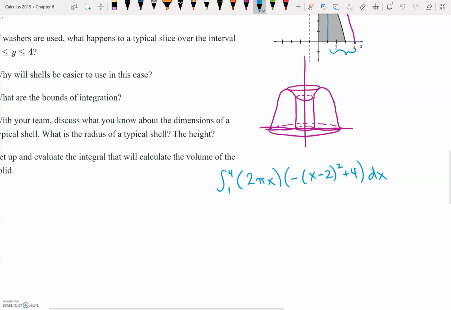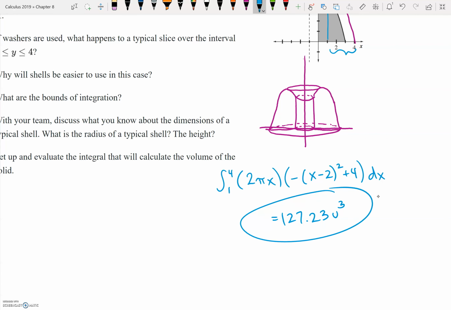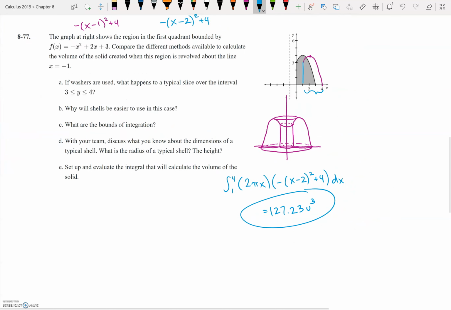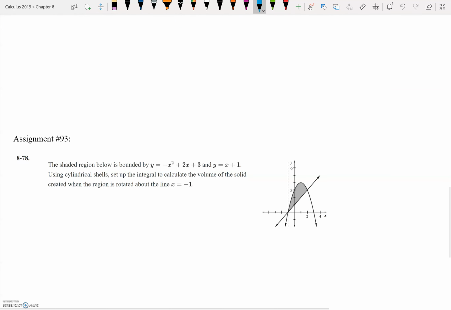And, well, I did this equation ahead of time, so I evaluated this integral, and the end result will be 127.23 units cubed.